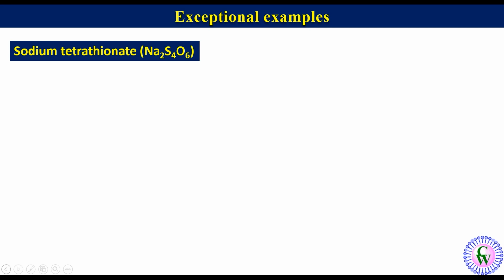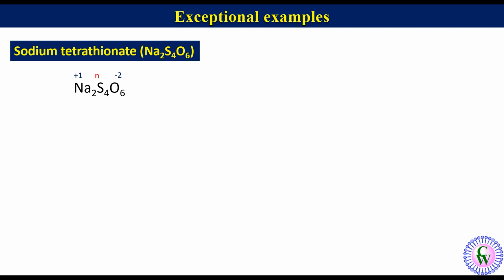Sodium tetrathionate. Average oxidation number of sulfur can be calculated as discussed before. Suppose the oxidation number of sulfur is n. Sodium has +1 and oxygen -2 oxidation states. Overall, there is no charge on this molecule.